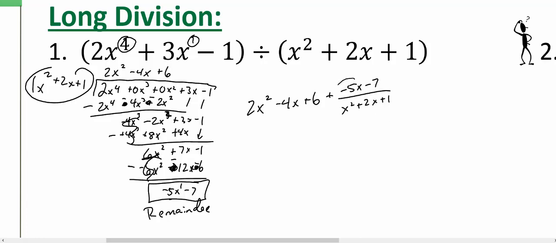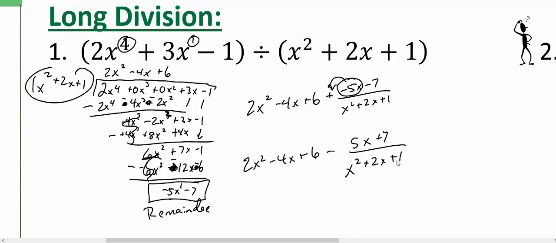But because this term is negative, I'm going to take out the negative. So it's 2x squared minus 4x plus 6 minus the fraction of 5x plus 7, over x squared plus 2x plus 1. I took a minus out of both of them, so this becomes positive, that becomes positive.